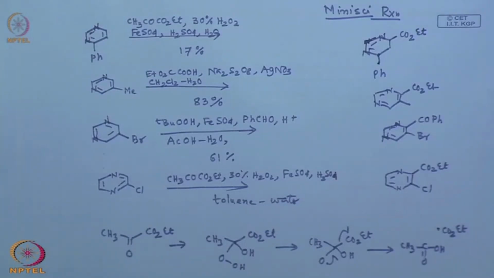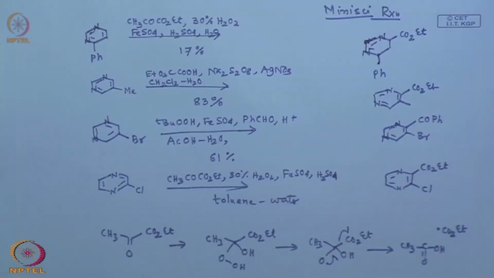What is the reaction condition? The glyoxylic acid monoester. Once again, this is one of the earliest reaction conditions found by Minisci. All of these reagents are required.